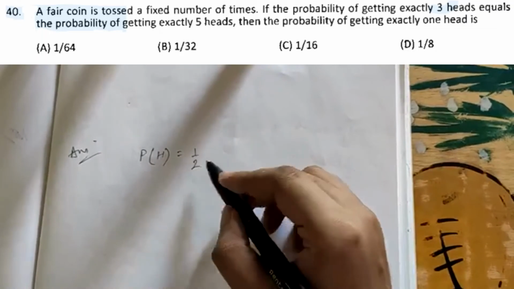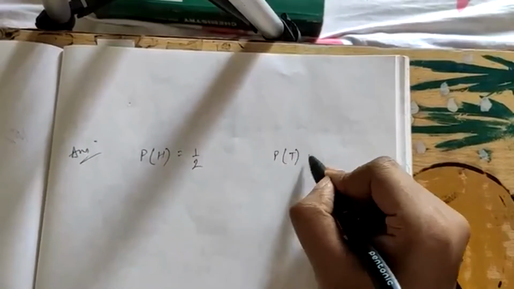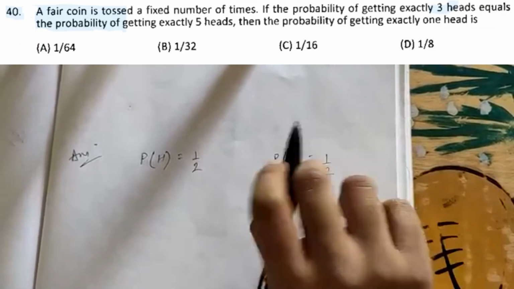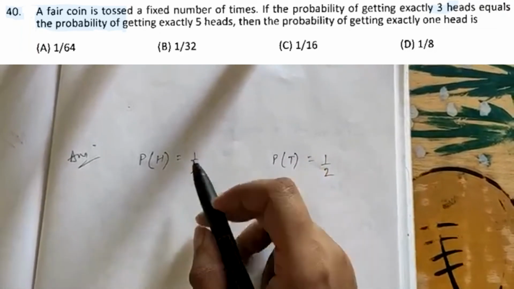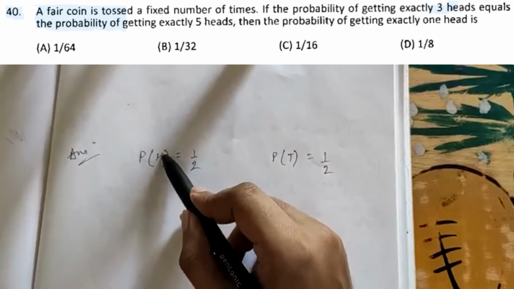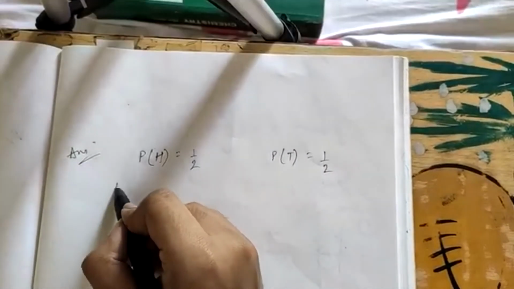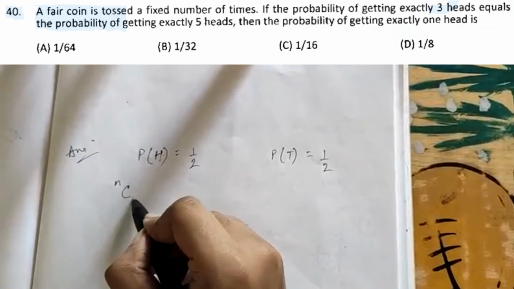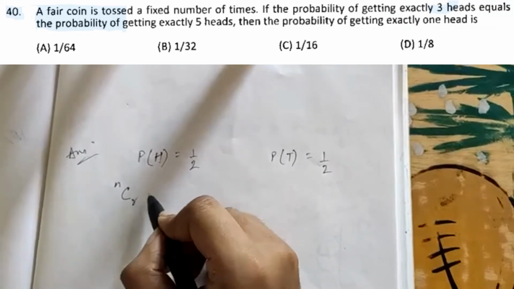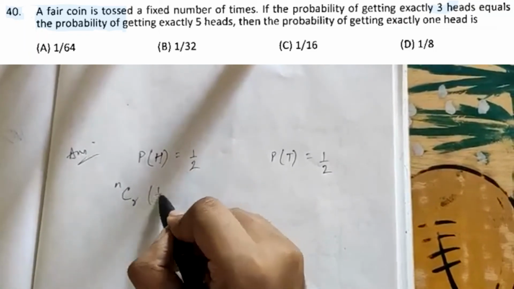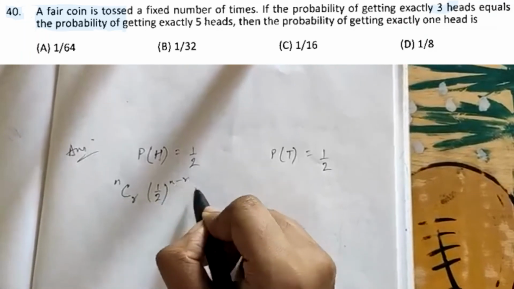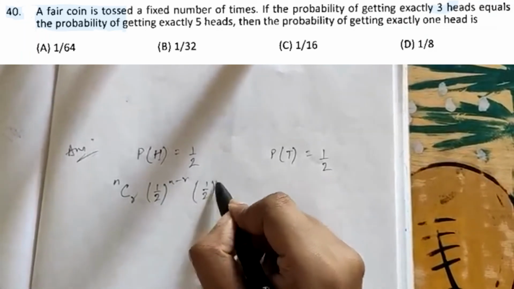So that means 1 by 2. Probability of getting tail is also half. If we take getting a head as a win, then after n trials, we can get nCr into half to the power n minus r into half to the power r.